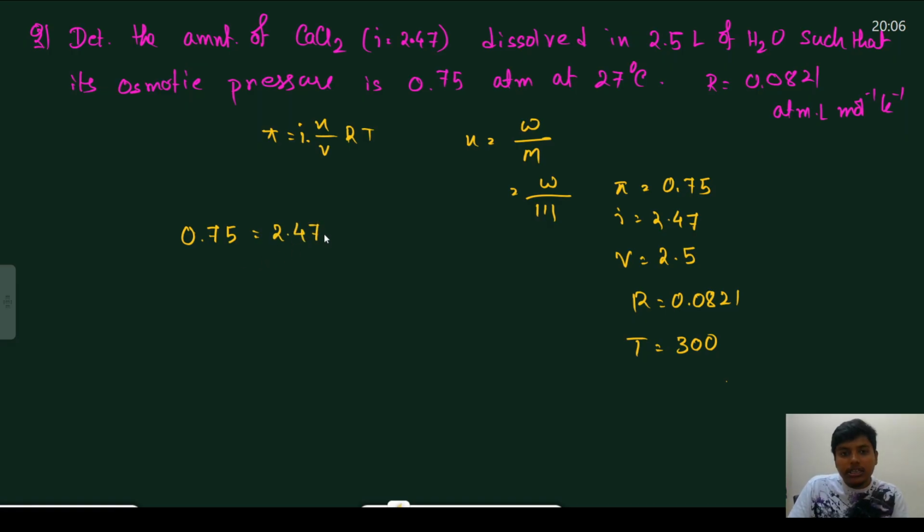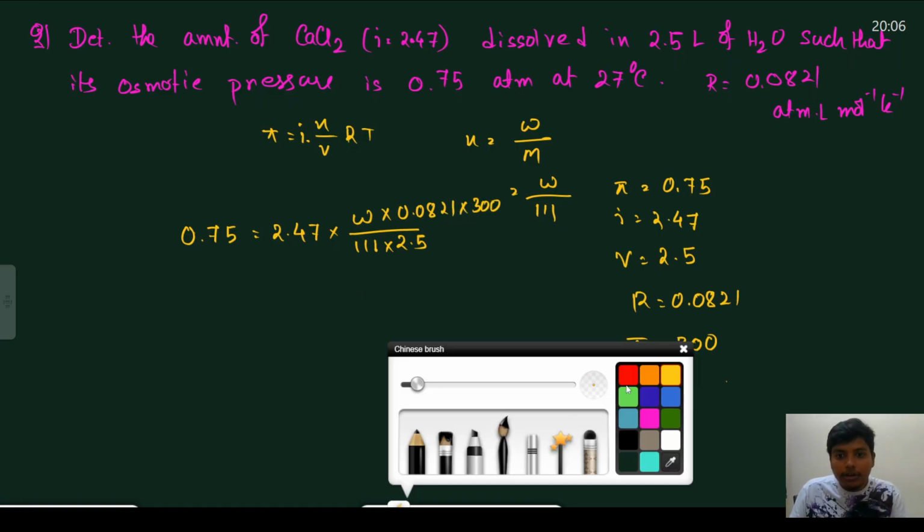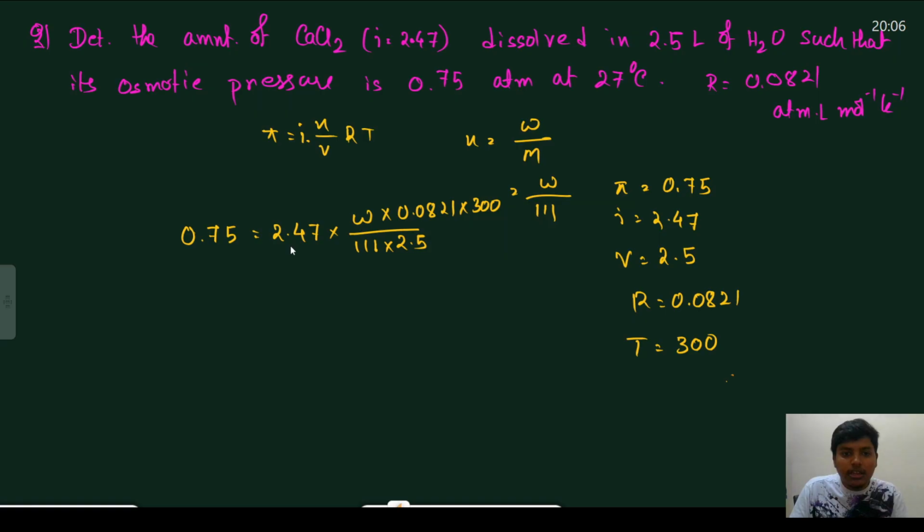2.47 into W by 111 into 2.5, next R into T, which is 0.0821 into 300. Now you can see this is 2.5 and this is almost 2.5, so you can cut them without a calculator.